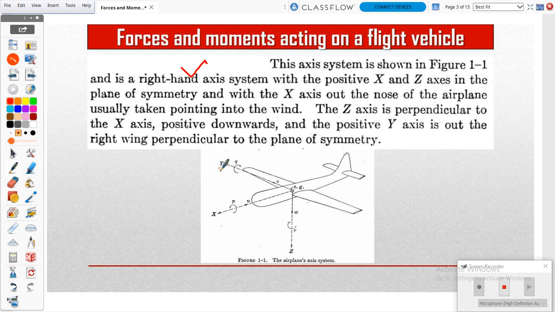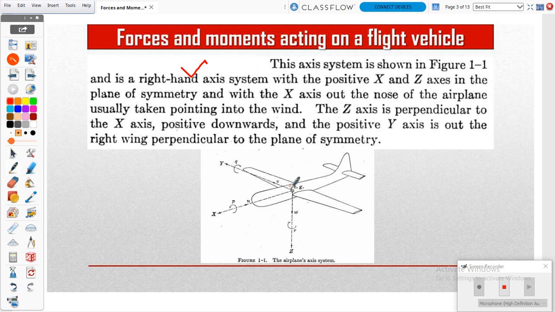Capital Y is perpendicular to the X and Z axes, towards the right hand side of the wing from the center of gravity. Z axis is in a vertical downward direction from the center of gravity, perpendicular to both the axes. That is capital Z.